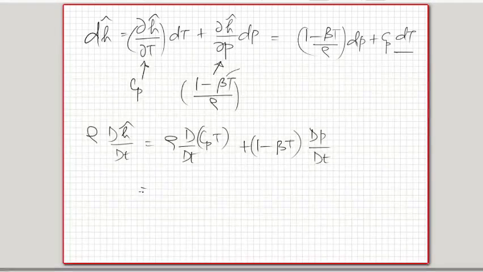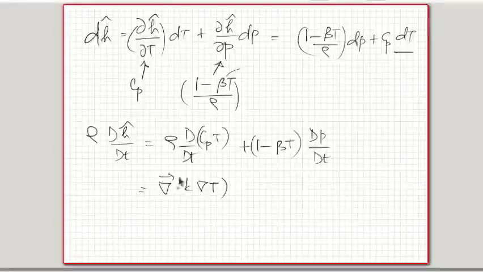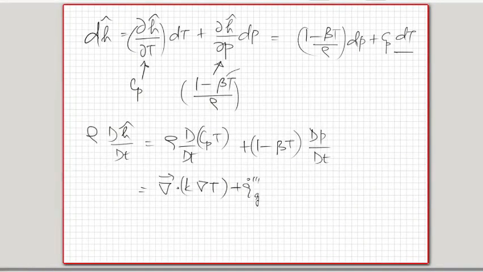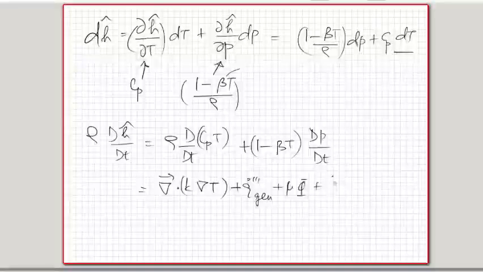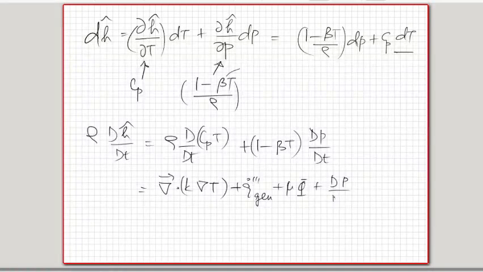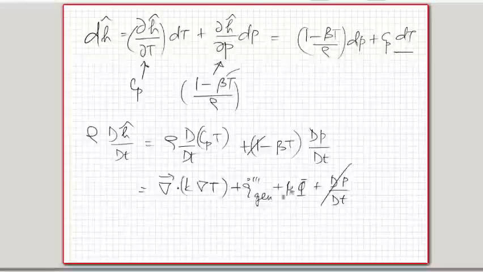So now this on the right hand side is equal to del dot K del T plus Q dot triple prime generation plus mu phi plus dP by dt. So this dP by dt would cancel out with this one, and this beta T would come to the right hand side.